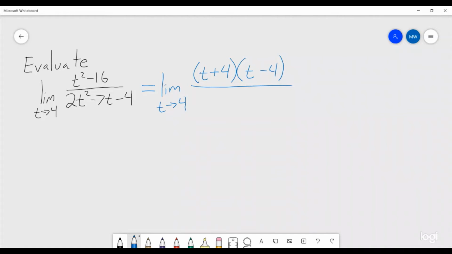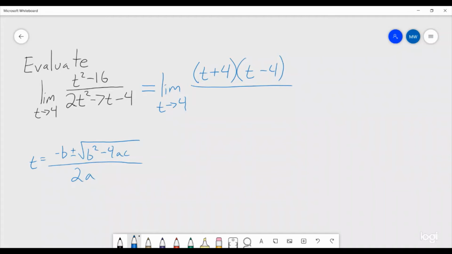What we're going to need to do is figure out how it factors. If you know how it factors, great. If you're like me and don't see it, you're probably going to default to the quadratic formula, which means that our zeros are going to be t is equal to opposite b plus or minus the square root of b squared minus 4ac all over 2a.